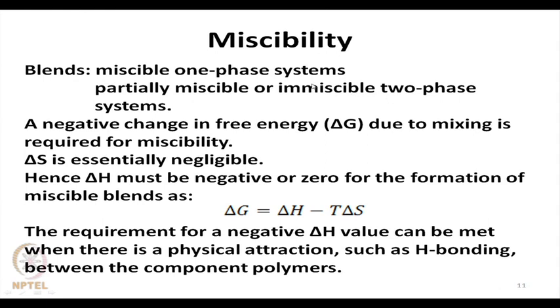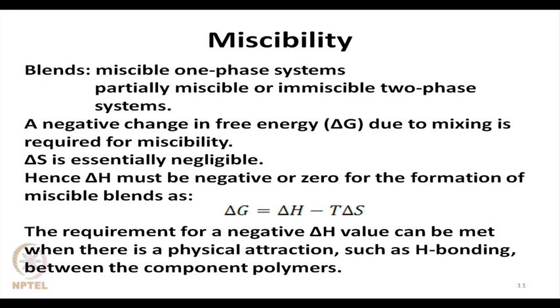Now, when these two components are mixed, we must consider this thermodynamic parameter, delta G, the free energy of mixing. When the two component polymers are mixed, this delta G or Gibbs free energy of mixing should be negative.